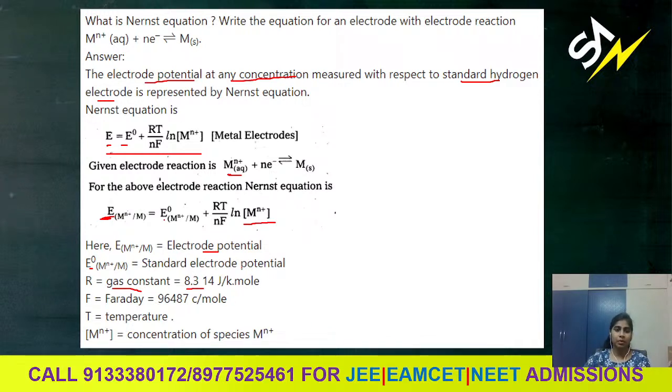Units are also very important, they also carry marks. Here F is Faraday and T is absolute temperature. If T is given in degrees centigrade, convert it into Kelvin and then apply it in the question. Here M^n+ is the concentration of the species M^n+. So if we apply the Nernst equation, this is the equation, and in this way you need to answer this question.